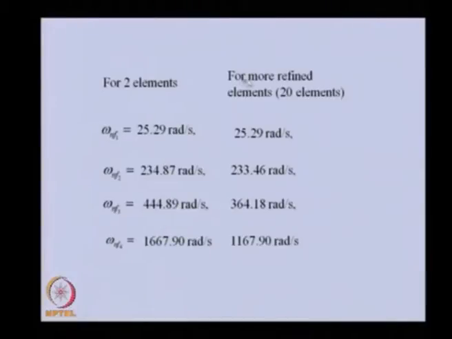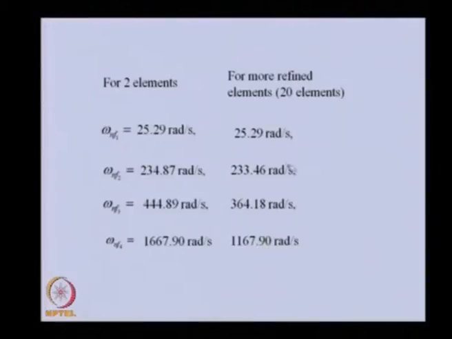But if we take more elements, let us say by dividing this into 20 elements, we will get refined values. You can see that for the first and second natural frequencies, even with 2 elements we are getting reasonably good values, but from the third onwards we are not getting that much accuracy.